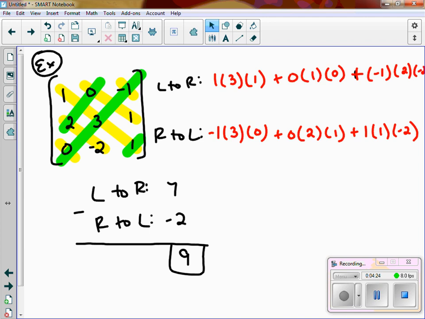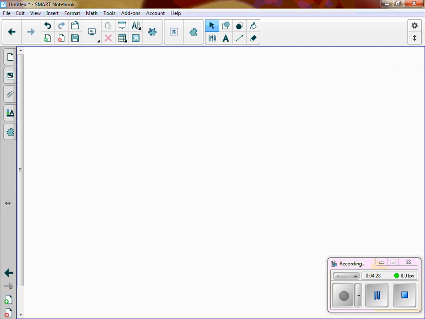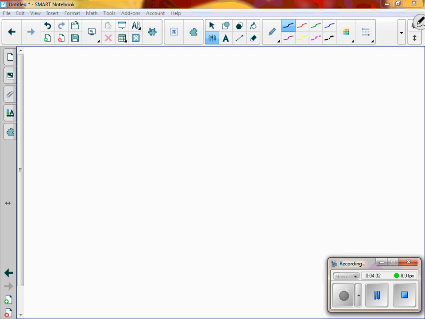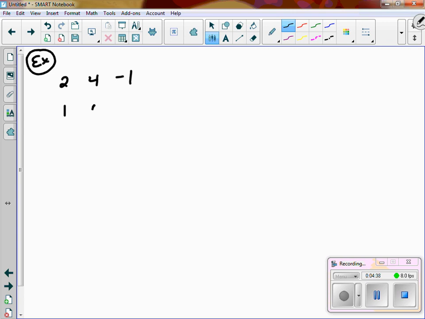Again, we'll do another one of these just as good measure because it can get kind of confusing. So let's have our second matrix here still be a 3 by 3. We're going to go with 2, 4, negative 1, 1, 0, negative 2, 2, 3, 3. This time, instead of highlighting, I'm just going to use my regular pen colors here.